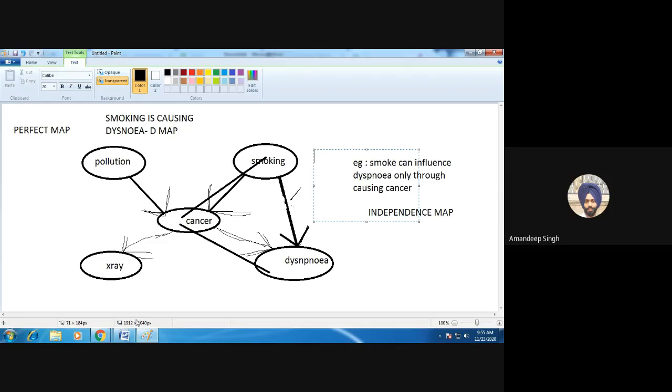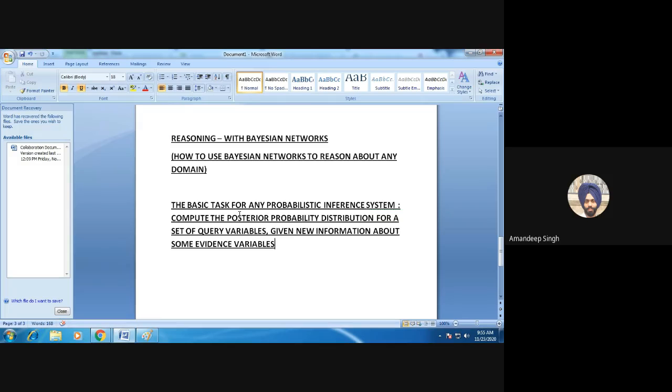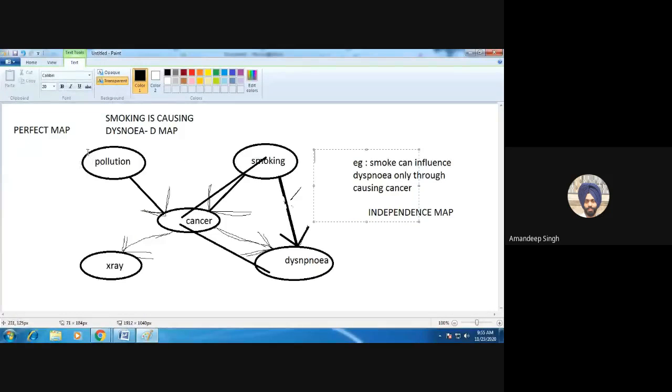So that is what we are discussing here in this text: the basic task for any probabilistic inference system is to compute the posterior probability distribution for a set of query variables. query variables हम कौन से कह सकते हैं कि इस डायग्राम में आपका क्वेरी वेरिएबल्स इट माइट बी दिस पोल्यूशन, इट माइट बी अ क्वेरी वेरिएबल ठीक है. ये आपका एविडेंस हो सकता है स्मोकिंग, एंड यू माइट बी ट्राइंग टू डिटरमाइन द वैल्यू ऑफ दिस query variable, whether the pollution might also be the factor in causing this disease to the patient.